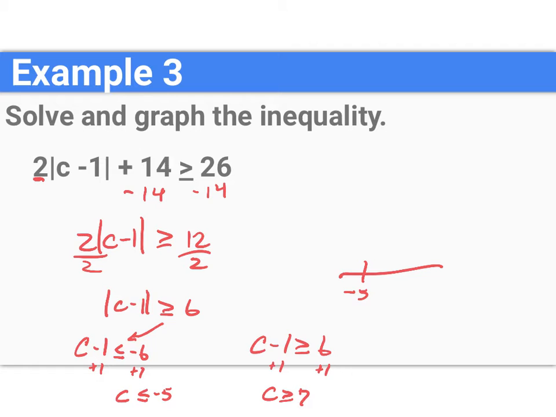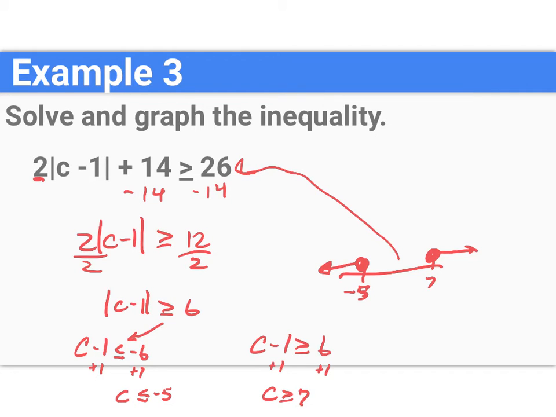Negative 5, less than, 7, greater than. Okay, so for our tester, we want to try a number into our original inequality from here to make sure it works.